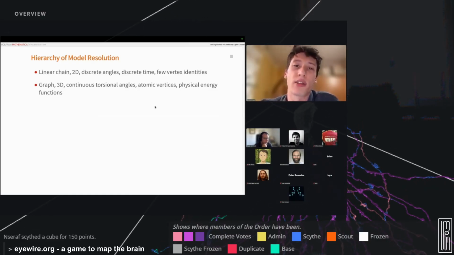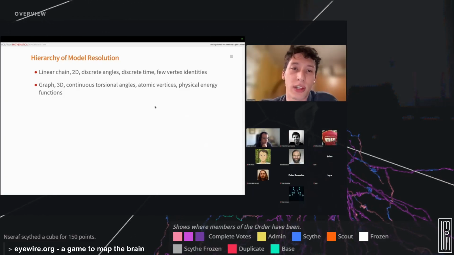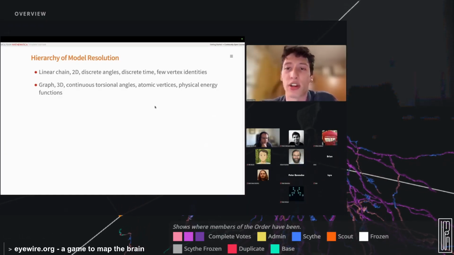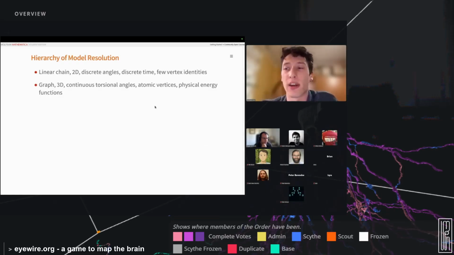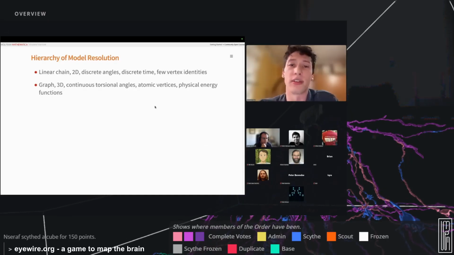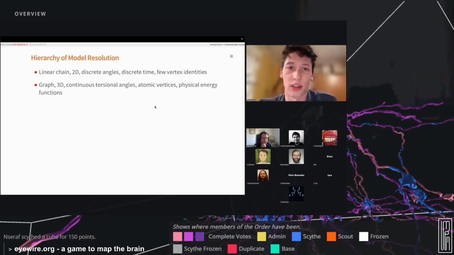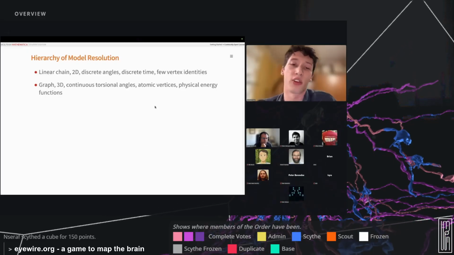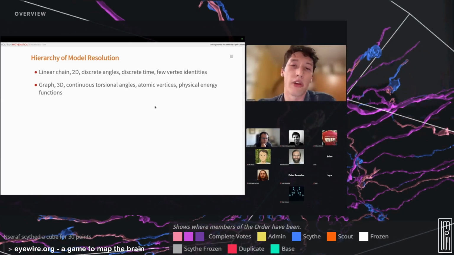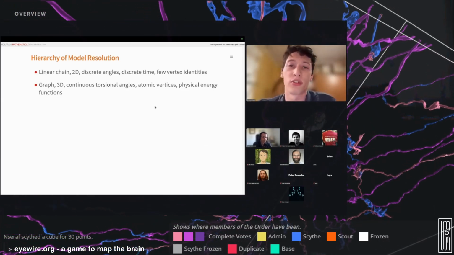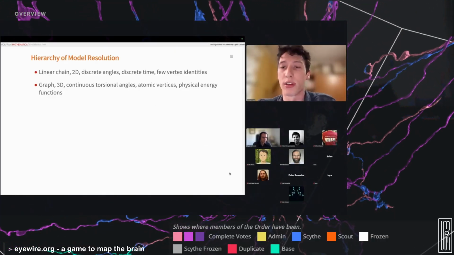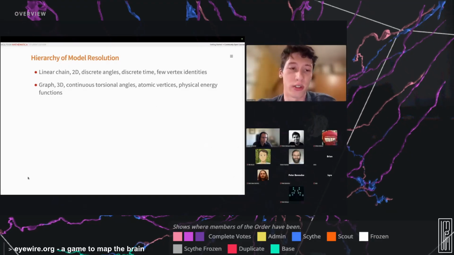Compared to that, the real thing is a graph, it's 3D, we have continuous torsional angles, atomic vertices, physical energy functions, and so on. So this would be the molecular mechanics resolution. And then additionally, you could define bond stretching and different bond angles, even though if you look at a structure itself, these will be very stable. The question is, of course, whether it's very relevant for the vibrational modes that are going on while the thing is dynamic.